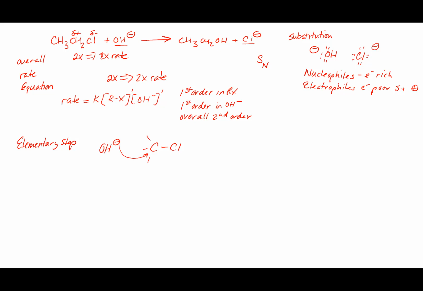And of course, if that happens, that carbon's going to get 10 electrons unless what else happens? The carbon-chlorine bond breaks. So at the same time I'm forming my O carbon bond, I'm breaking my carbon-chlorine bond.